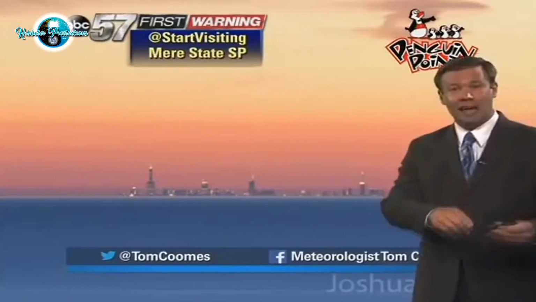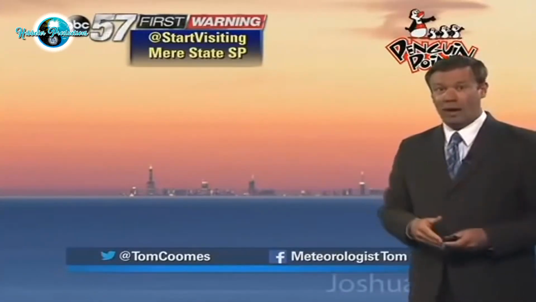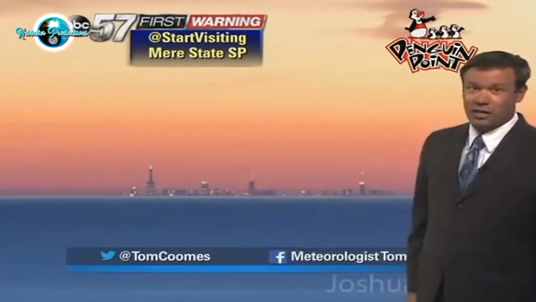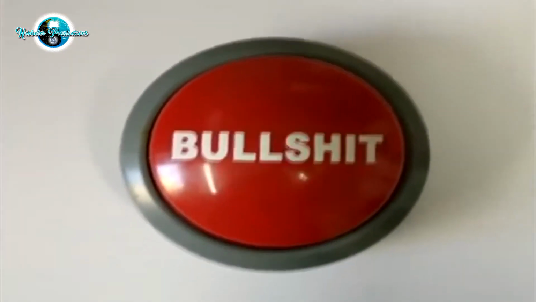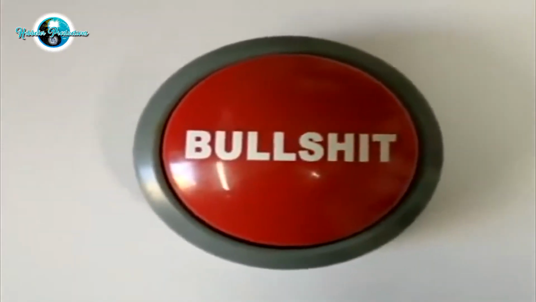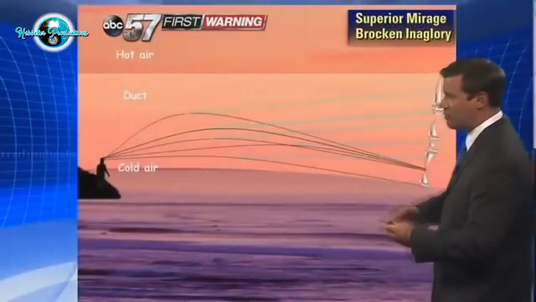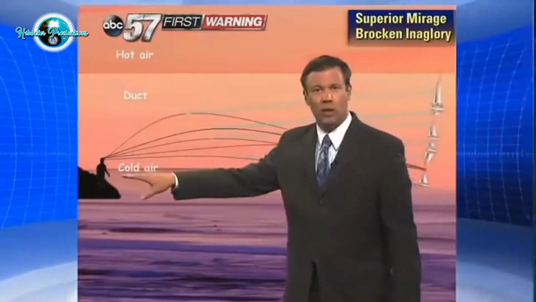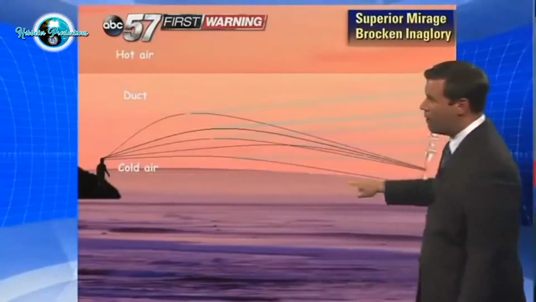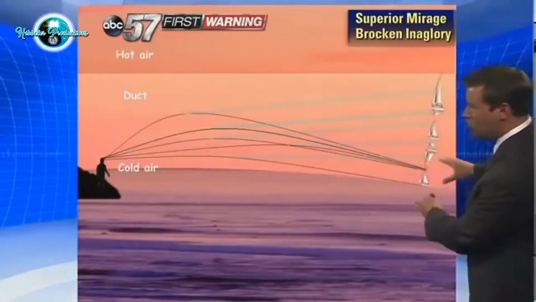We talked about this last night. Conditions are right on the lake that we're actually seeing a mirage of the Chicago skyline. Warning, bullshit alert. Very interesting here. Here's what's happening. This is a good example of a superior mirage. So Joshua was on the Lake Michigan shore. He was looking towards the west, and Chicago's beyond the horizon.